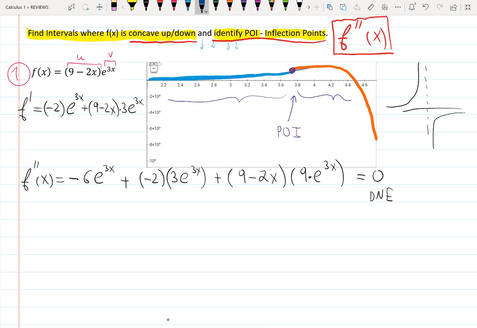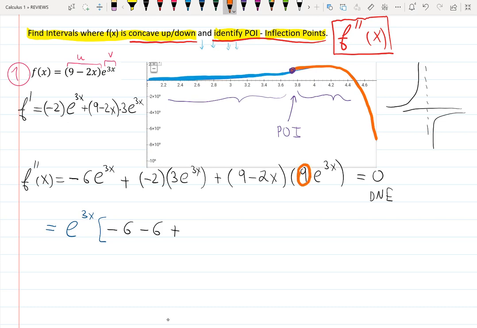What I'm going to do right now is factor out e to the 3x and then collect all the terms that are left behind when you factor out e to the 3x. The first one gives me -6. The second gives me minus 2 times 3, -6 again. The last one I will distribute.